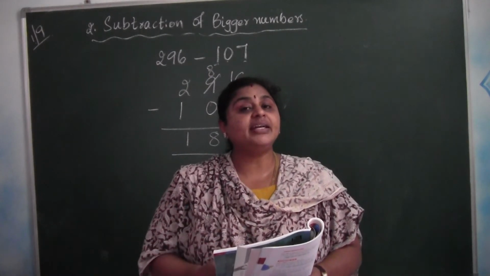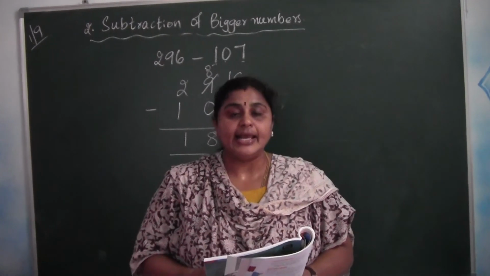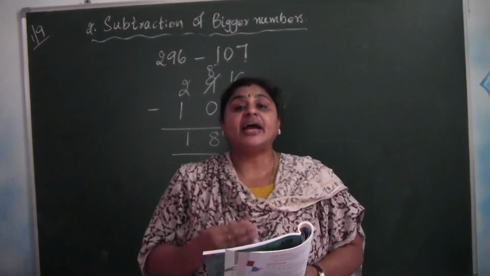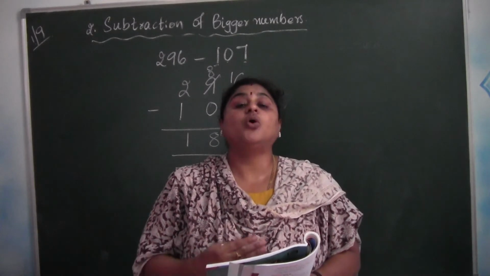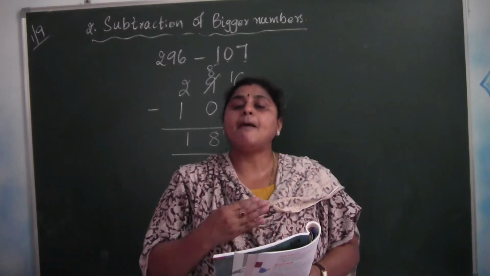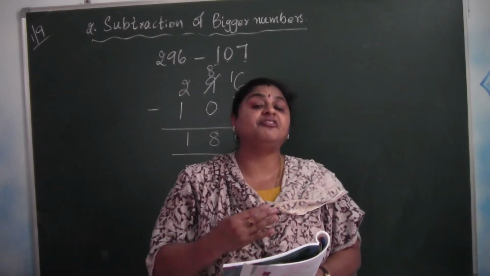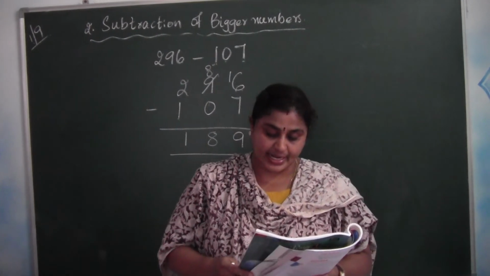Now we need to find out how many students were absent on that day. So in order to find that out, we are going to subtract the number of students present from the total number. Understood, children? Next.